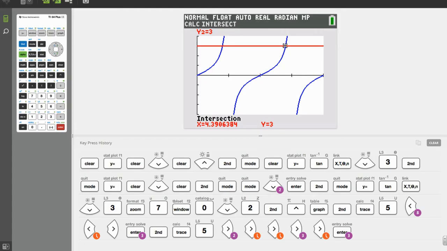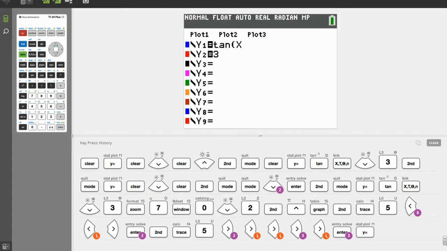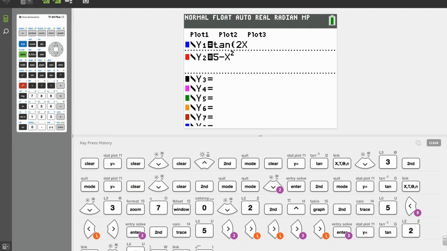Go back to the calculator, go to y equals. We're going to enter tangent 2 theta this time, 2x, and 5 minus x squared. I'm going to do zoom trig again.